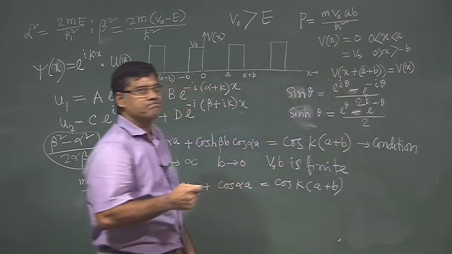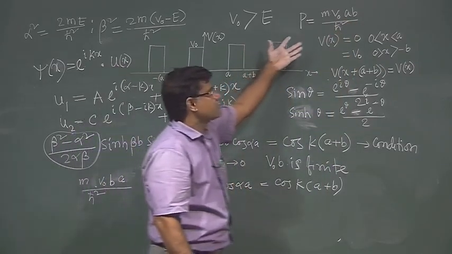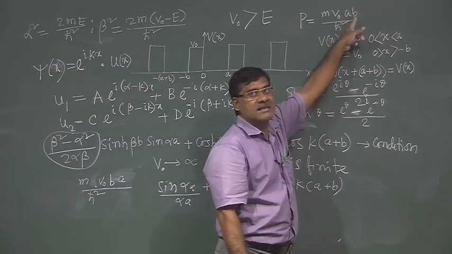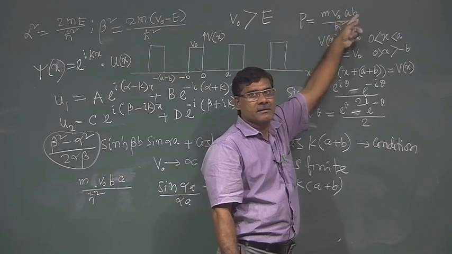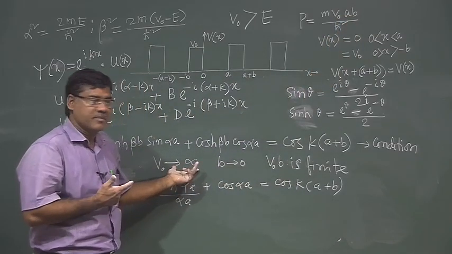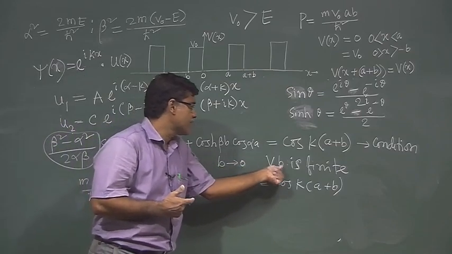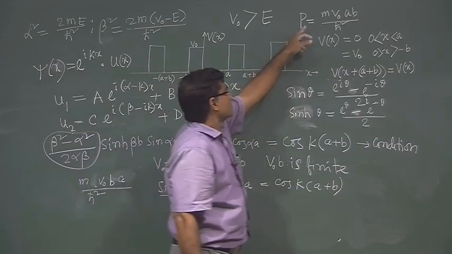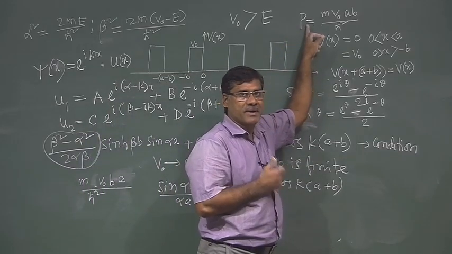This parameter is very important, because here v0 b is there. The assumption we have made is v tends to infinity, b tends to 0, but v0 b is finite. So, we will see the effect of this parameter p.